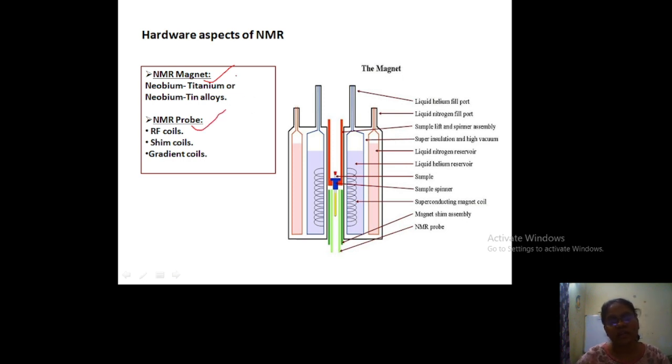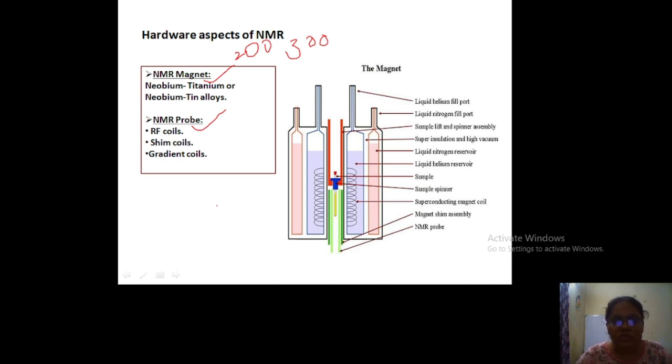We know that NMR spectrometers are always associated with a certain frequency, like a 200 megahertz spectrometer or a 300 megahertz spectrometer. This frequency is the frequency of the magnetic field generated by the magnet present in the NMR spectrometer. Every NMR spectrometer has a magnet inside it.